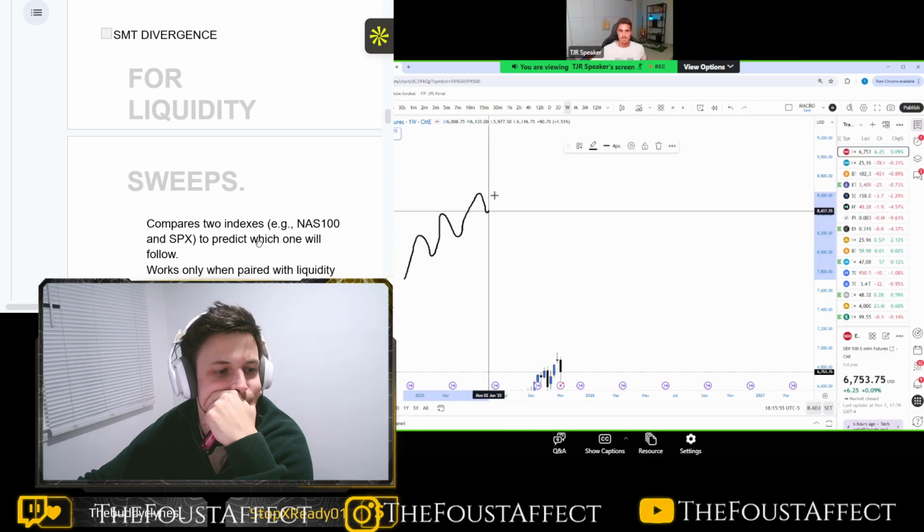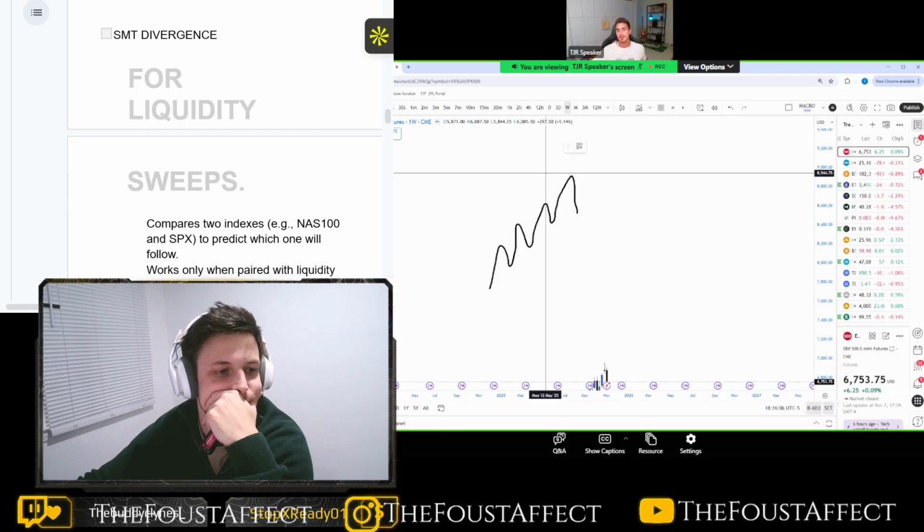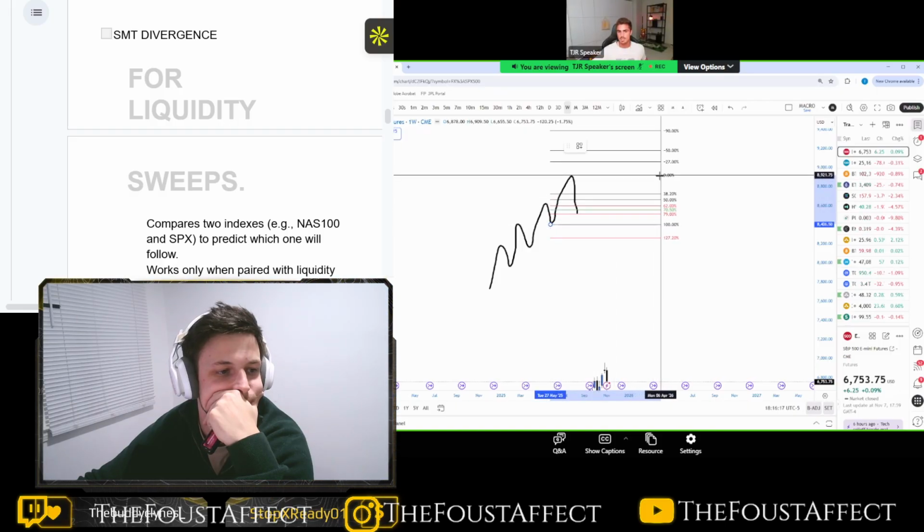So for an uptrend, we identify that we're in an uptrend, and let's say we came up and swept out liquidity and we're looking for price to change direction. All that we do is grab our Fibonacci, and draw it out like we're drawing out equilibrium. We take it from the most recent low up to the most recent high.